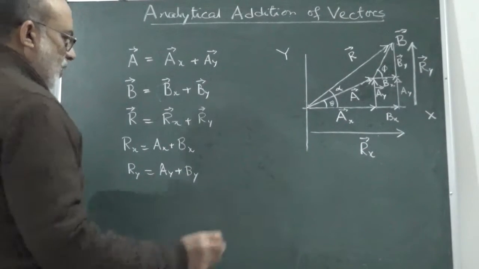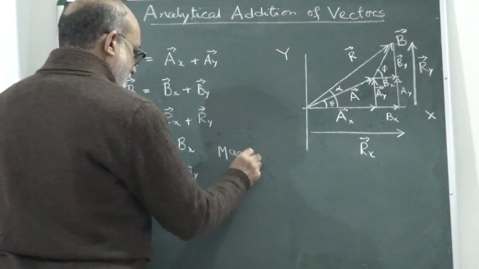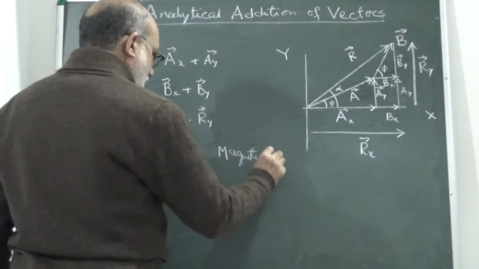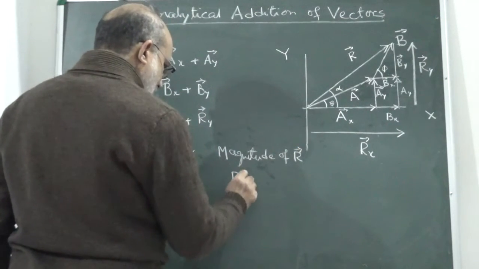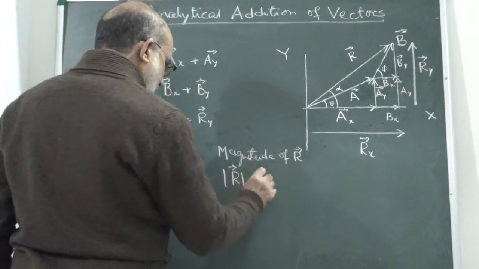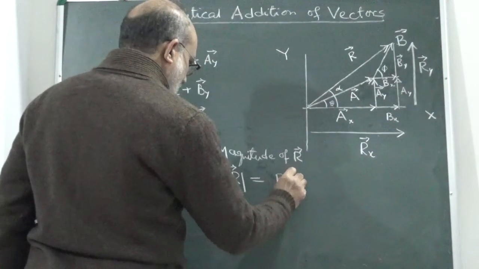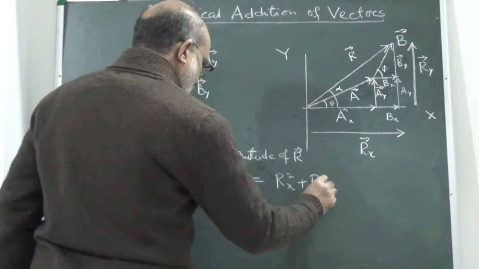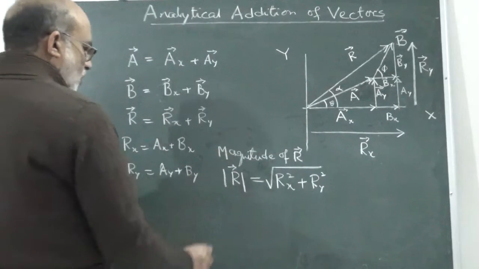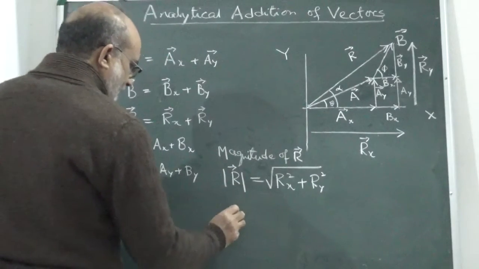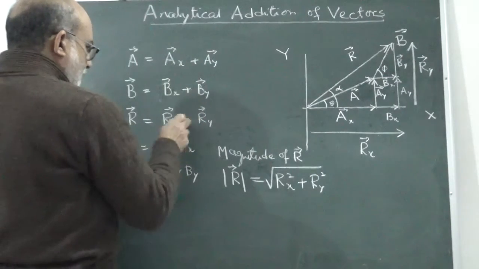So the magnitude of vector R, that is mod of R, will be given by the root of Rx square plus Ry square, and the direction of R is given by the division of Ry by Rx.